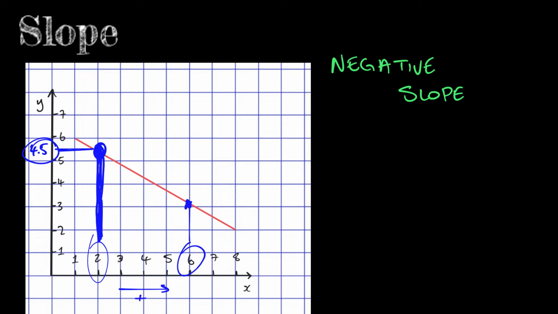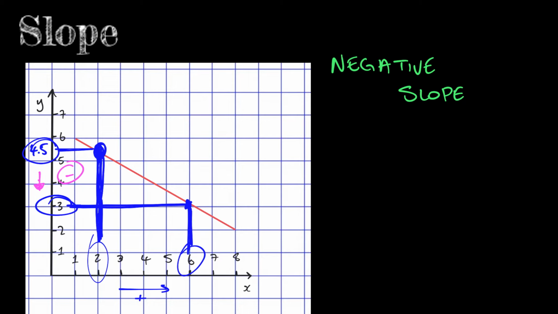We can see that our y value is going to get smaller, and you can see that it went from 4.5 back to 3. So as our x values got bigger, our y values got smaller.